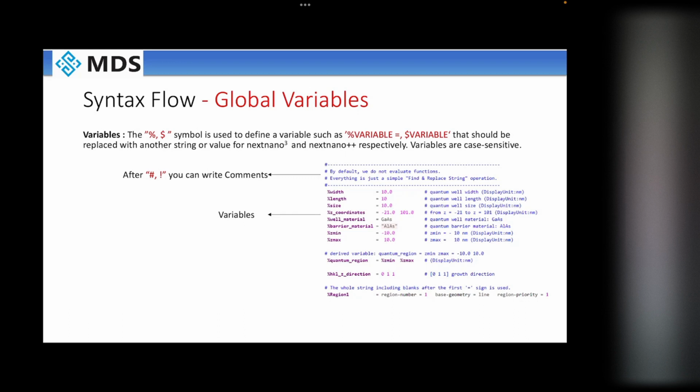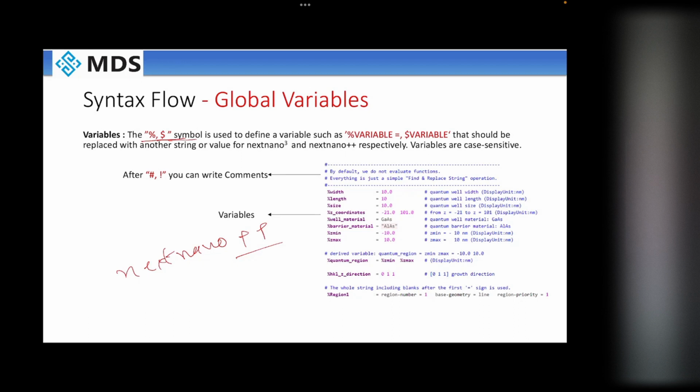Okay, now talking about the global variables. Because there are two codes, mostly we'll be discussing Nextnano Plus. For this, these symbols are most commonly used to specify the constants, you can say, in the starting phase, so that later on you can use that particular value again and again.